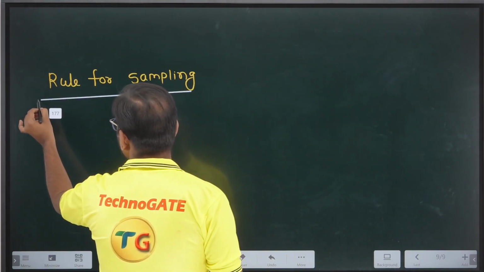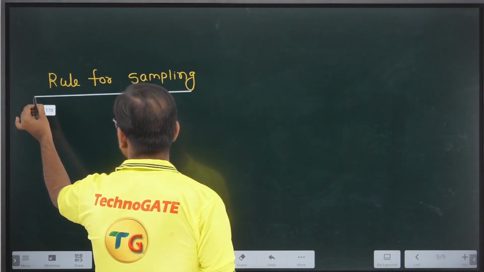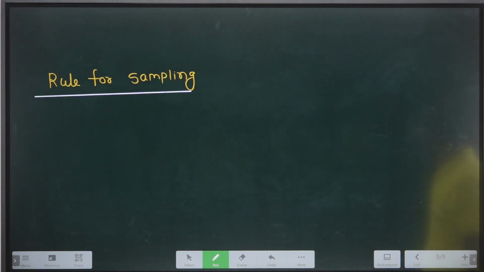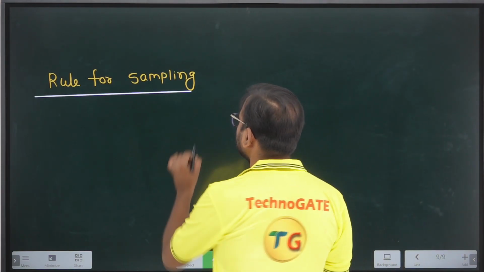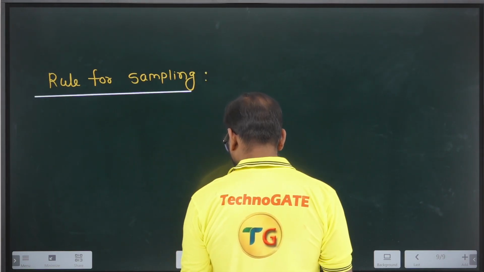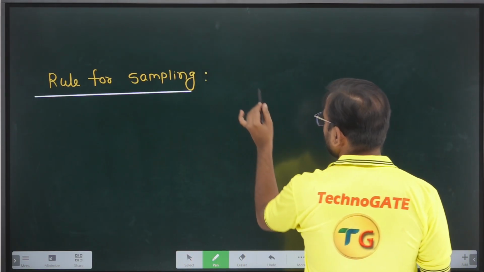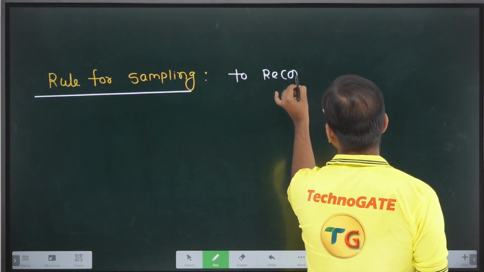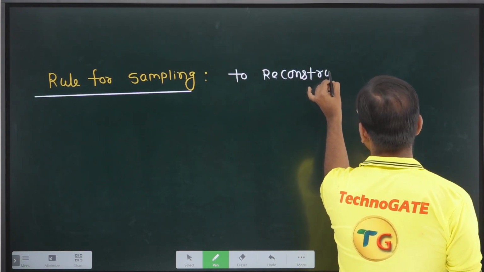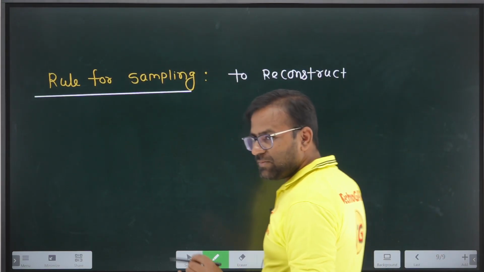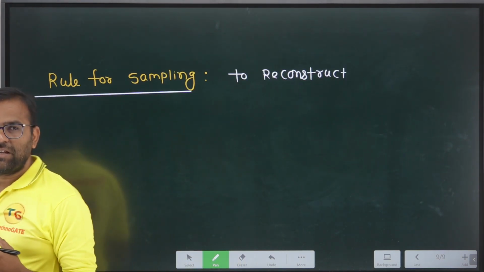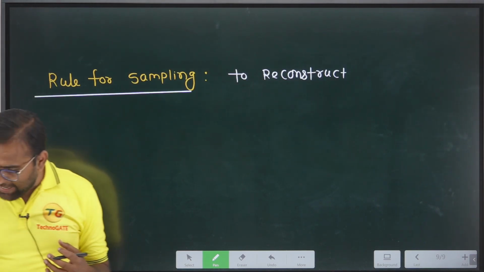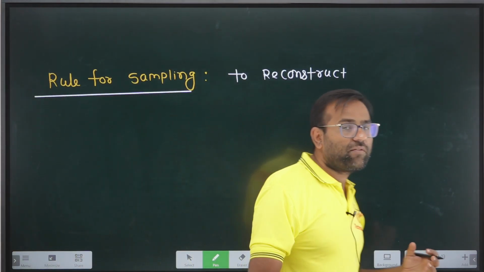The rule for sampling says that to reconstruct... To reconstruct means getting back your original continuous signal from the discrete time signal.